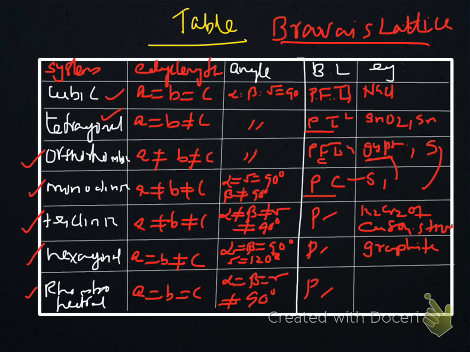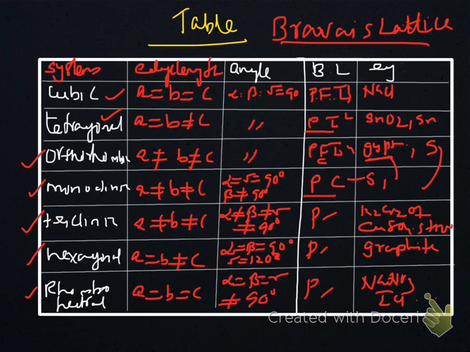Along with it, we have cinnabar, HgS, mercuric sulfide, zinc oxide, cadmium sulfide, etc. For the rhombohedral system, we have NaNO3, iodine monochloride, ICl, etc.